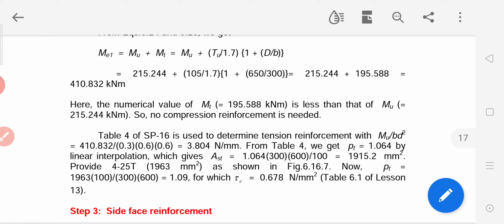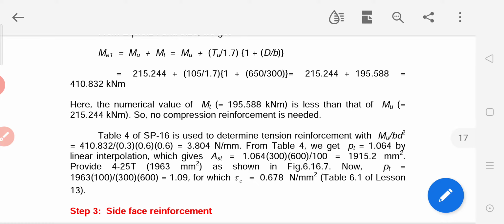So we get the value of Me1 as 410.832 kilonewton meter. Here the numerical value of Mt is 195.588 kilonewton meter, which is less than the value of Mu.